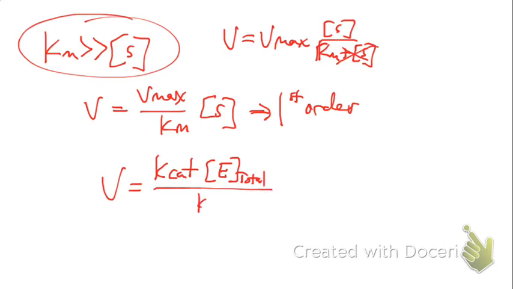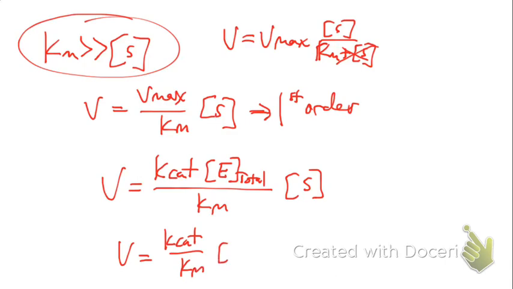Divided by the Km from up above, times S. And let's split these up one more time so that we get velocity is equal to kcat divided by Km times E total times S. And this right here is known as the specificity constant.